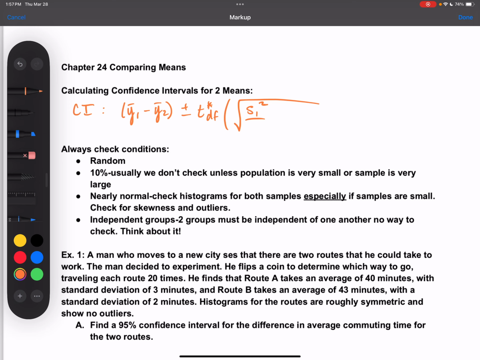But s1 squared over n1 plus s sub 2 squared over n2. And these s values here are the sample standard deviations.